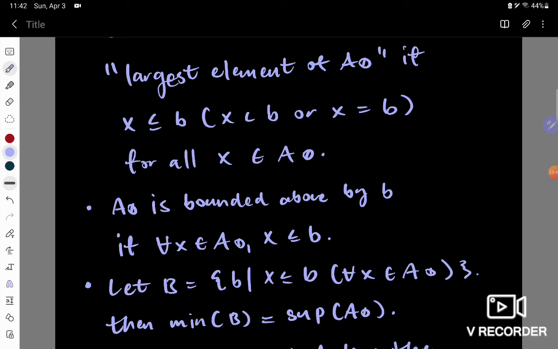And finally, we define this idea of a supremum. So let B be the set of all upper bounds of A naught.